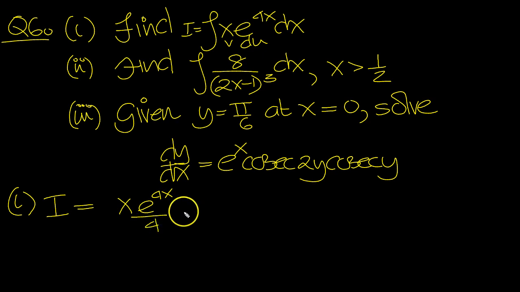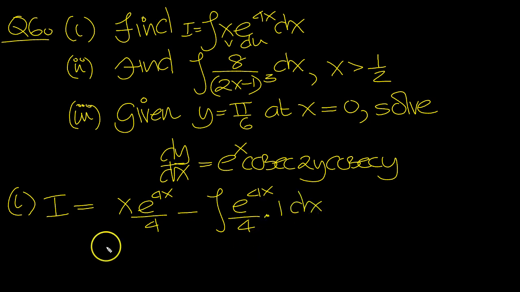And you integrate that, minus the integral of u, e to the 4x over 4, times the v, which is 1, dx. So you end up with x e to the 4x over 4, and this is another 4 underneath. So it makes 16 plus k.